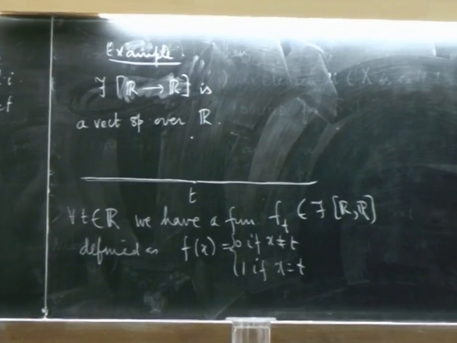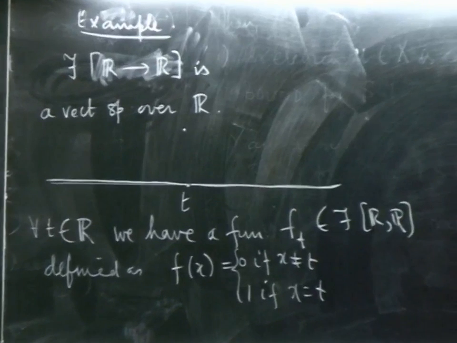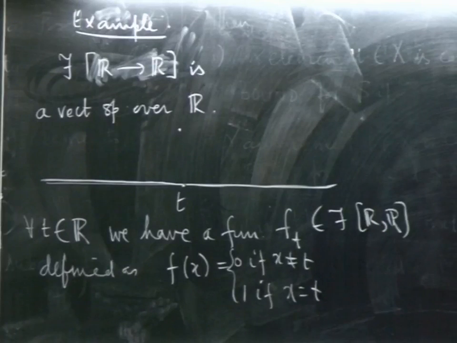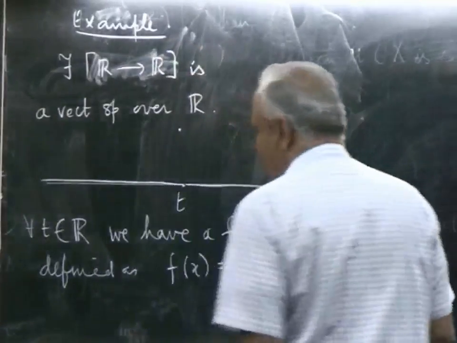So I have for every time a function which lights up only at that time and switches off the light at all other times. Different times produce different functions. It's like the delta. You are all familiar with it.